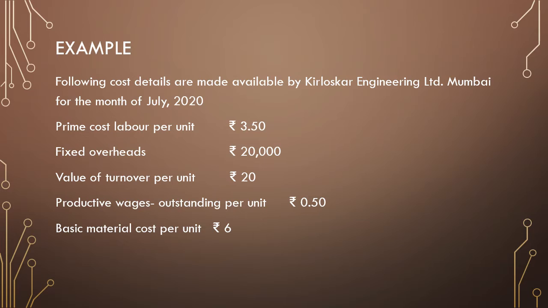From the following cost data made available by Kirloskar Engineering Limited, Mumbai, for the month of July 2020: prime cost labor per unit is rupees 3.50, fixed overheads rupees 20,000, value of turnover per unit rupees 20, productive wages outstanding per unit rupees 0.50, basic material cost per unit rupees 6.